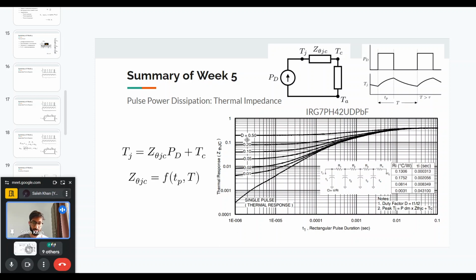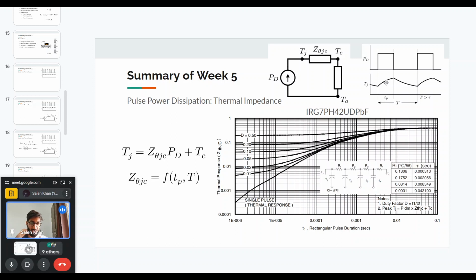Another way is to use this graph that is given, which tells us the thermal impedance, and this thermal impedance is a function of the pulse duration here, Tp, as well as the overall time between successive pulses, the capital T. So, for example, the first line that is given in the bottom is for a single pulse.